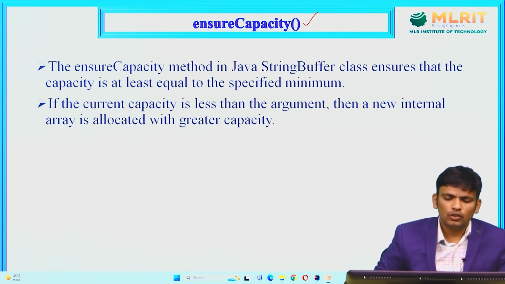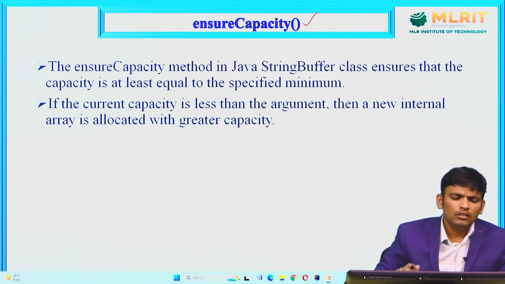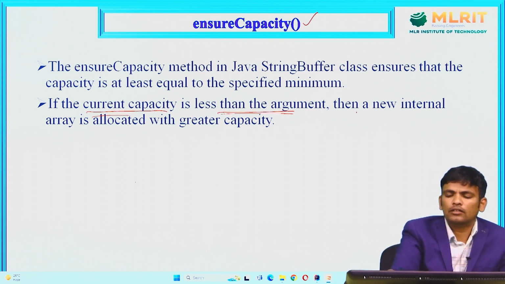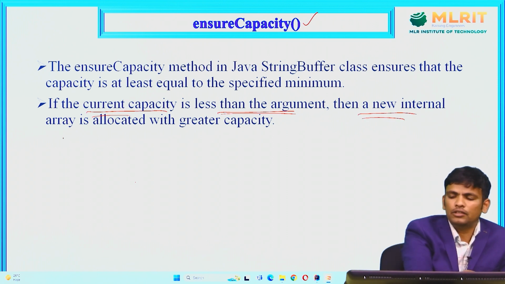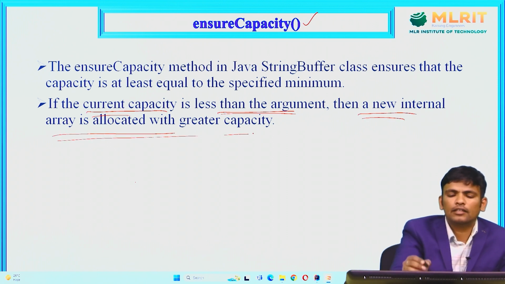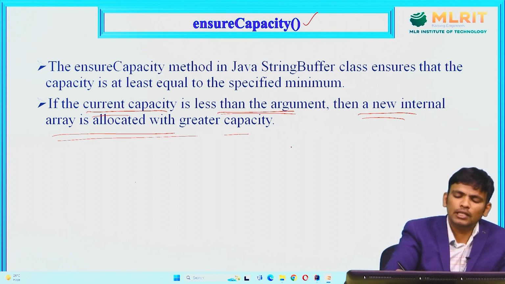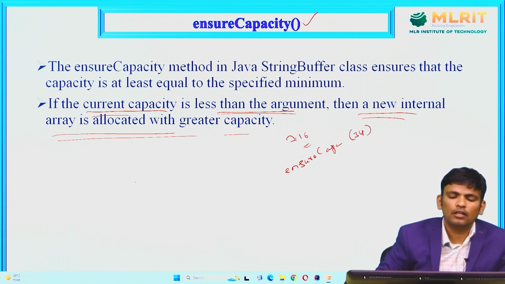Here, if the current capacity is less than the argument, then a new internal array is allocated with the greater capacity. Suppose in the StringBuffer the default capacity is already 16, and you mention in ensureCapacity 34, now it will consider 34 only.